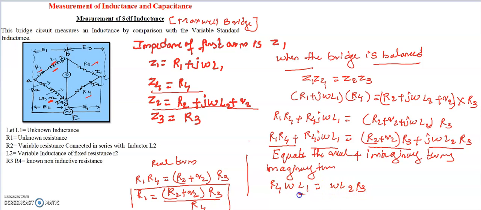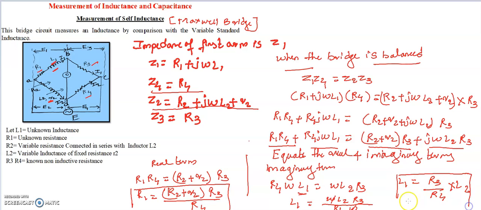The unknown quantity is L1, so L1 equals omega L2 R3 divided by R4 into omega. Omega will get cancelled. The value of L1 is R3 by R4 into L2. This is the value of inductance L1.